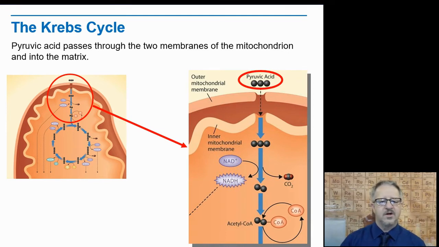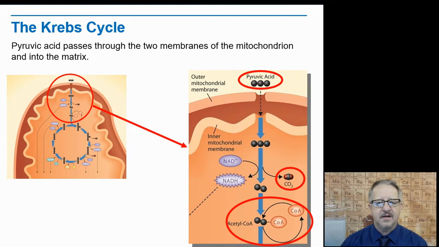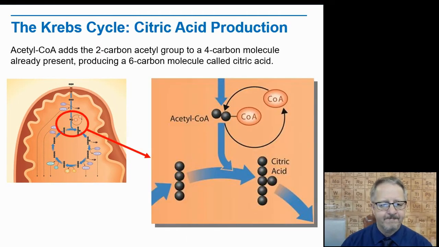All right, so again, we're going to just count the carbons as we go through. We go pyruvic acid, we lose 1 of those carbons to carbon dioxide, we form some NAD plus into NADH, and those two atoms of carbon, the acetic acid, are going to interact with coenzyme A to become acetyl-CoA.